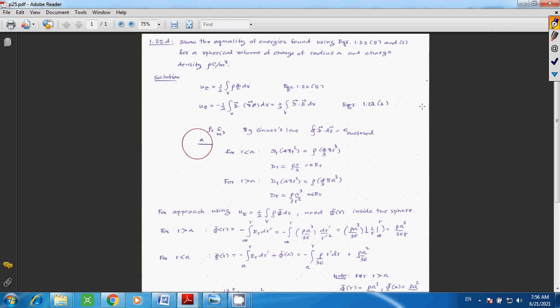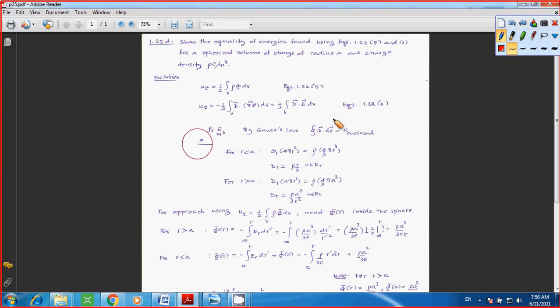Now let's check U_E from the other equation, 1.226. U_E equals 1 over 2 the volume integral of D dot E dV.